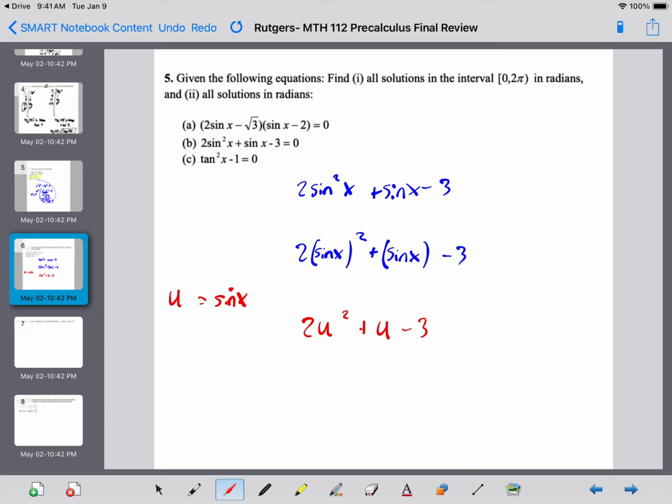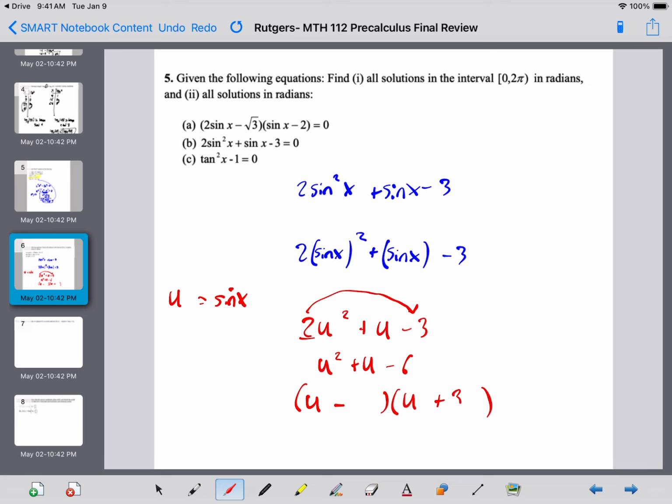Alright, so now the way I would do this is the AC method. Multiply, because it's a leading coefficient other than 2. So now I have u squared plus u minus 6. Let's factor the new trinomial. There's a negative, so it's different signs. Factors of 6 that subtract to 1 would be 3 and 2.